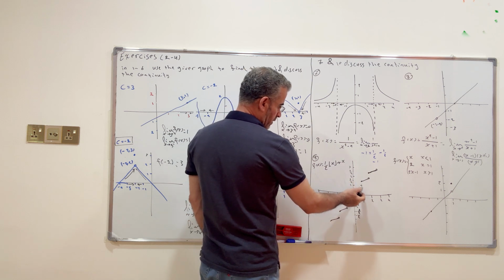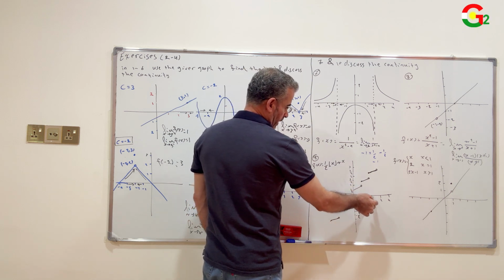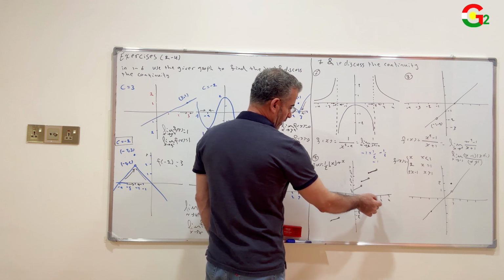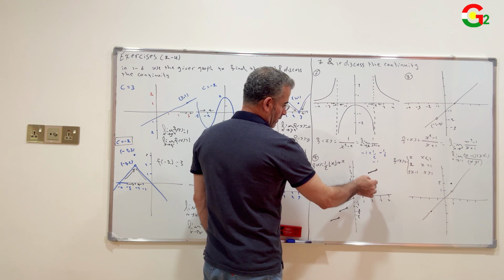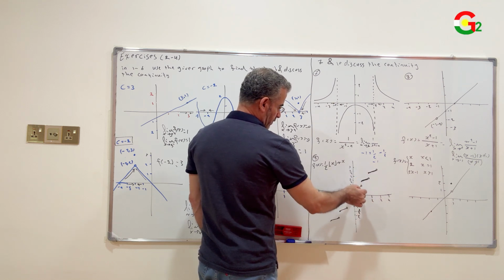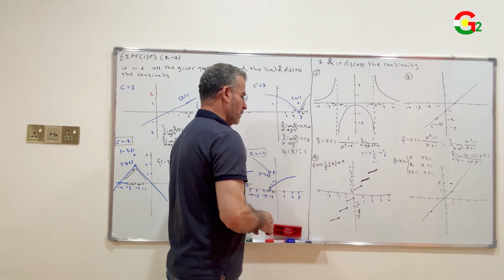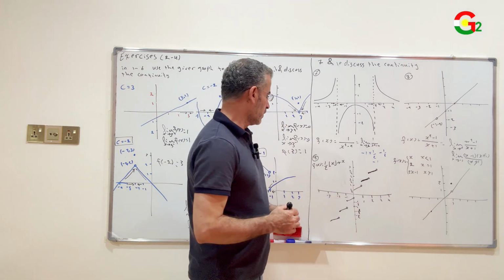As you see, when x is at an integer number, the function is discontinuous, but at non-integer numbers, the function is continuous. And the point of discontinuity is non-removable.